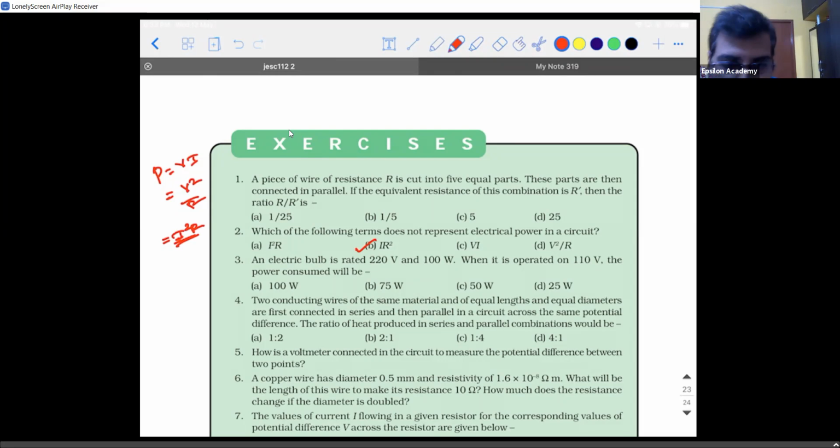Next. There is an electric bulb rated 220 volt and 100 watt. When it is operated on 110 volt, the power consumed will be how much?